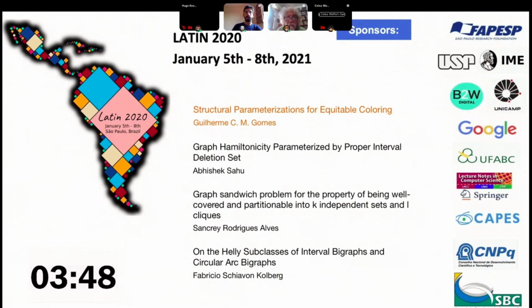Because list equitable coloring generalizes the equitable coloring problem, right? Yeah. Actually, what we did is an intermediate reduction, because what we showed for list equitable coloring is that it's W1 hard when parameterized by number of colors on disjoint paths. We don't have the plus KV.